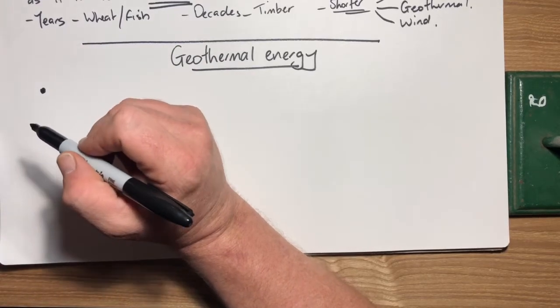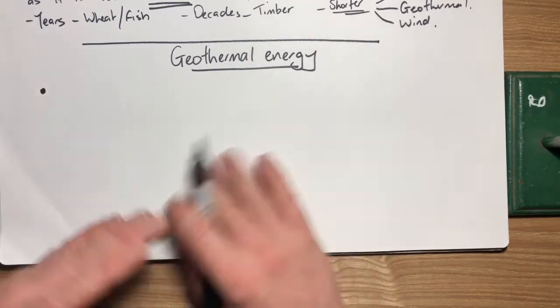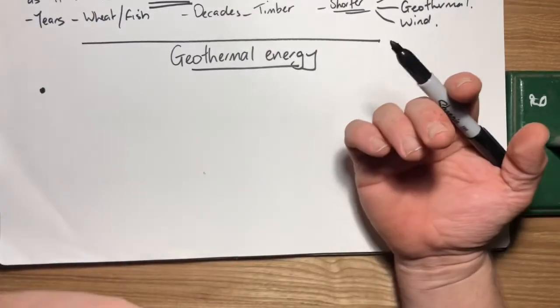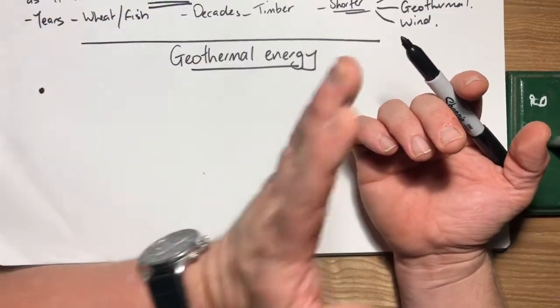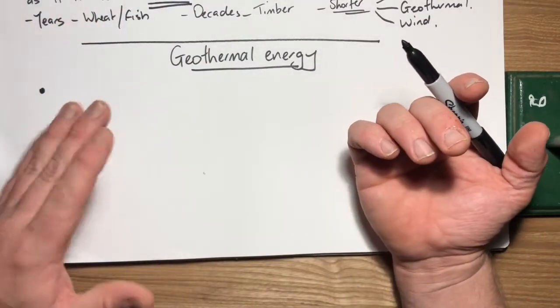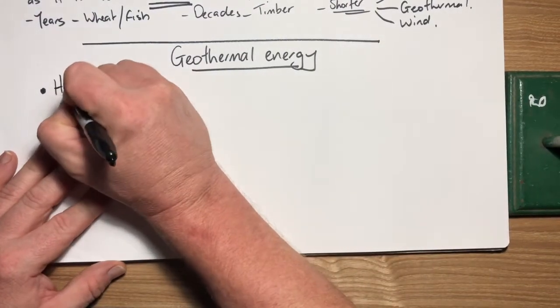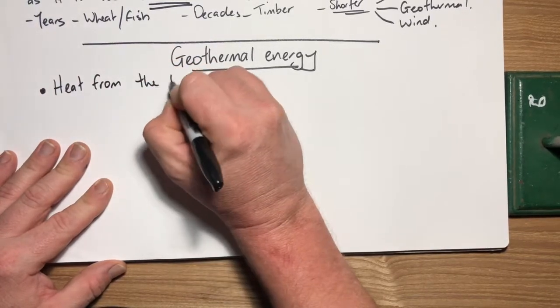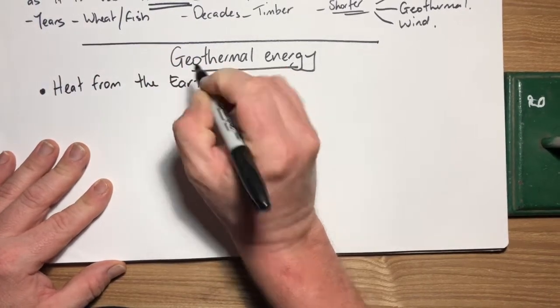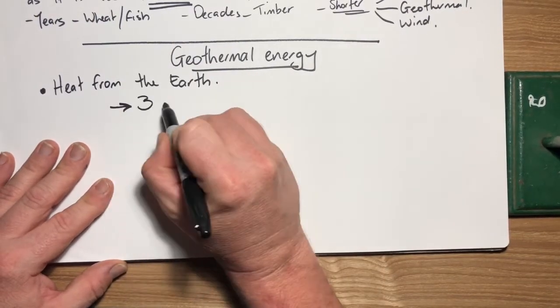Geothermal comes from two Greek words, geo, which is earth, and therme, which is heat. So geothermal energy is basically heat from the earth. And we think of the source of this heat, there are actually three sources.